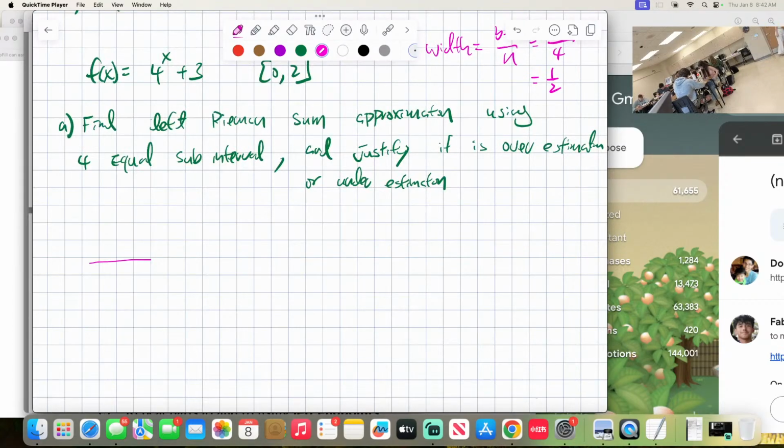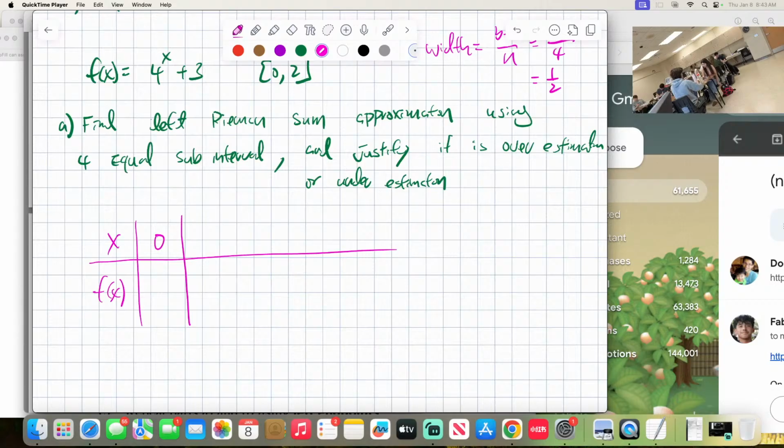Okay, so for now here, I will construct a table. All right, so I will construct the table, and this table I can use for other situations as well.